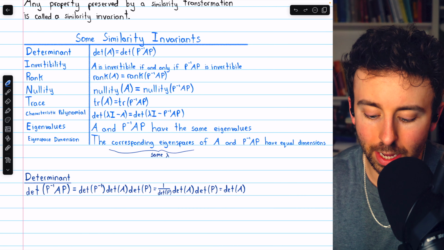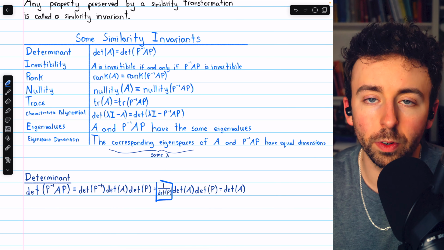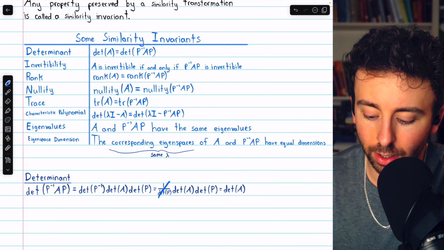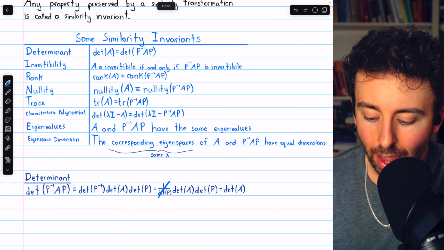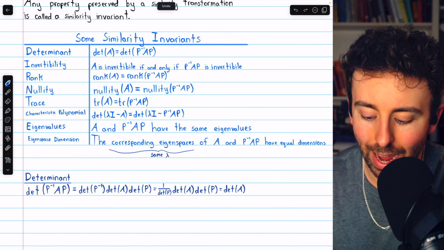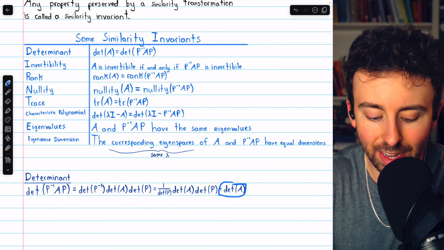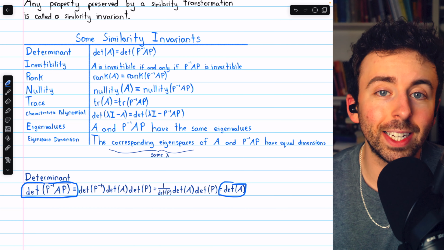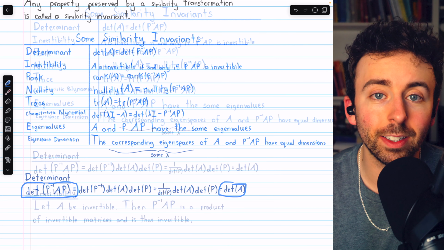So determinant of P inverse equals 1 over the determinant of P. Then 1 over the determinant of P and the determinant of P cancel out, and we are left with the determinant of A. So the determinant of A is equal to the determinant of P inverse AP. Determinant is a similarity invariant.